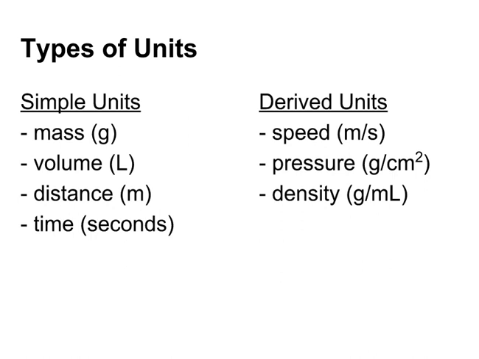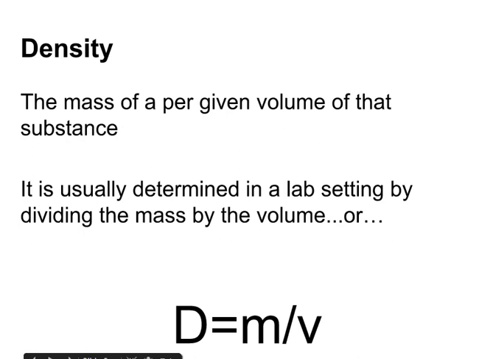Now, in this video, we're going to talk about how to calculate density, but also understanding what density is. Density is the mass of a substance per given volume of that substance. It's usually determined in a lab by dividing the mass of that substance, say a liquid, by the volume of liquid that that sample is taking up.